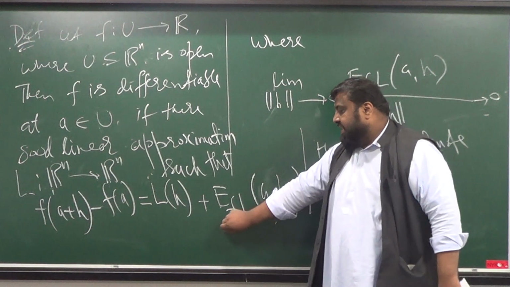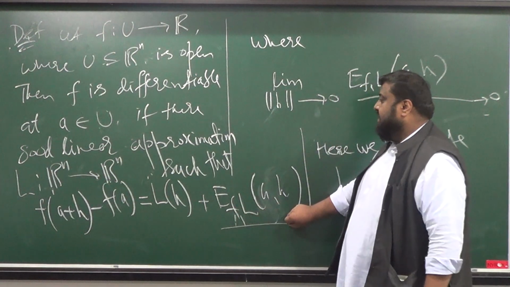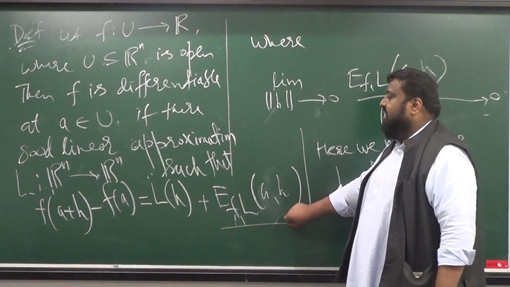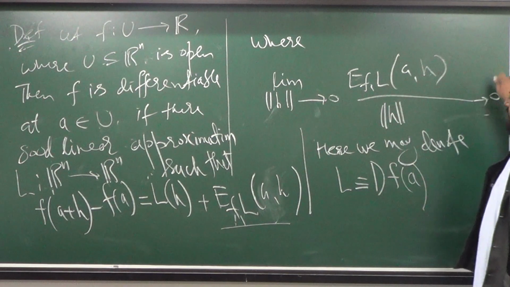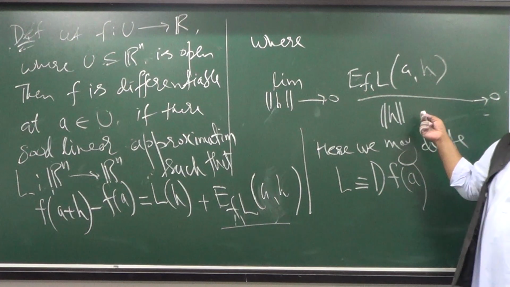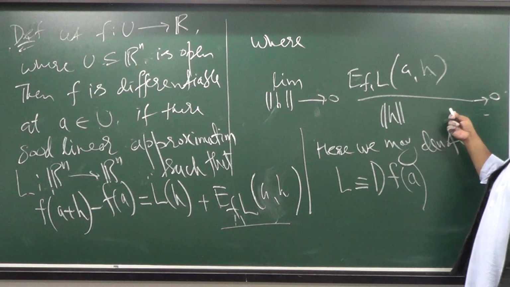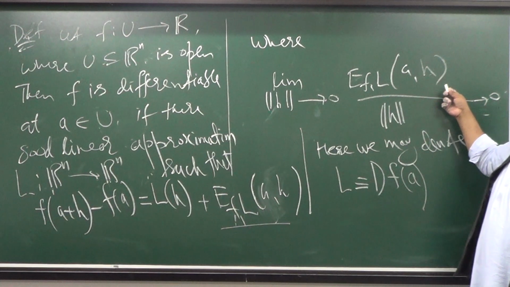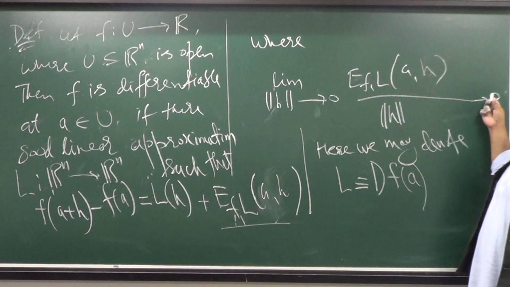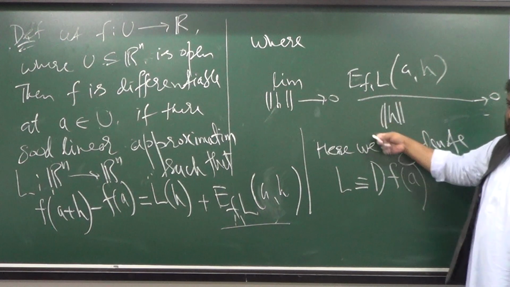Okay, and this error satisfies this limit. We interpreted this limit last time, and we said that this means that the error is going faster to 0 than the denominator h.